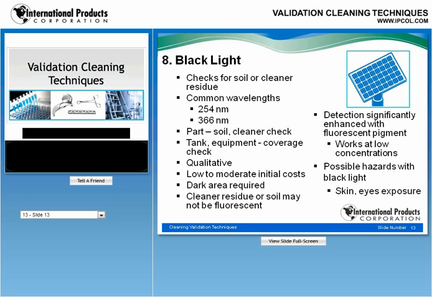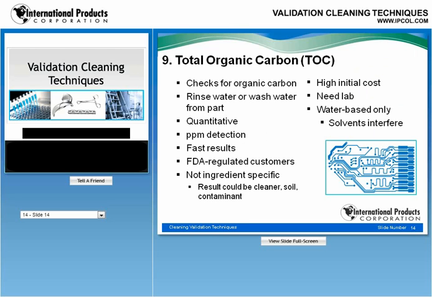The next validation technique is total organic carbon. The purpose of this technique is to check for organic carbon. Typically, this is done in rinse water, either from tanks or water from the parts. It provides quantitative results, with very low detection limits in the parts per million.